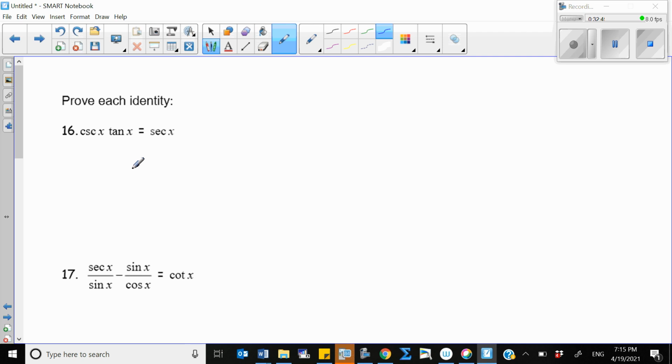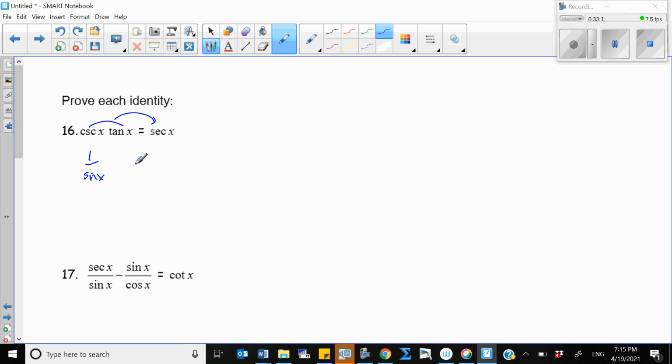For these questions, we need to use the trig identities that I have given to you before. So we need to simplify this and go from this side to this side. Cosecant is 1 over sine of x.